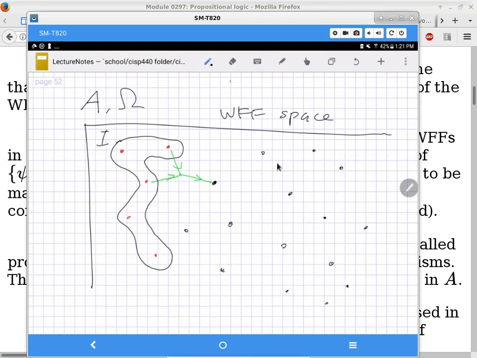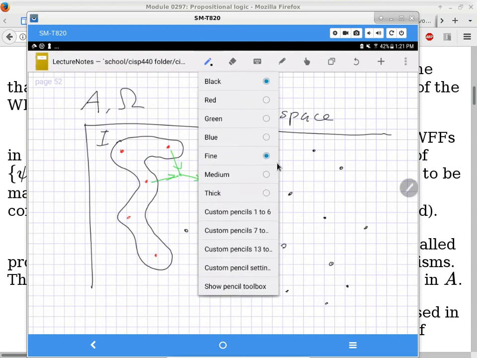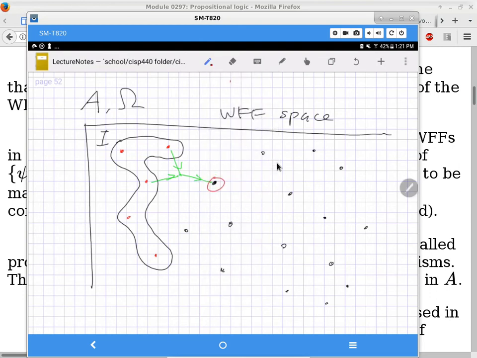That's the question. So the idea is, we can apply transformation rules. If you can find two dots that are red to begin with, and you can find a transformation rule that says, take this, then the transformation result itself is also going to be true. So now we're going to label this one to be true as well.